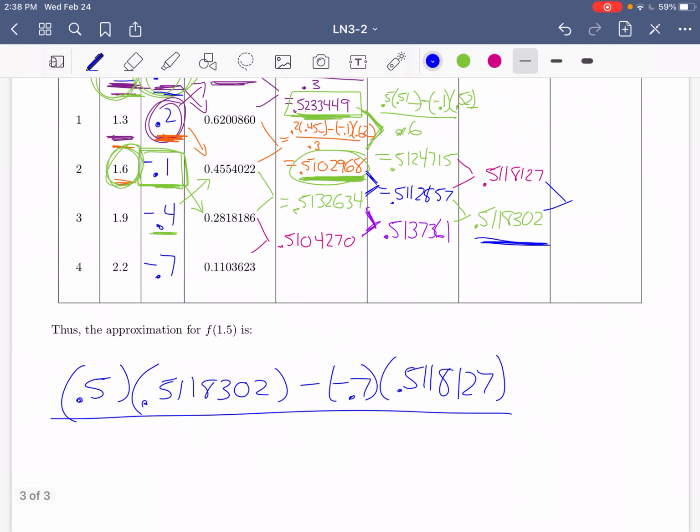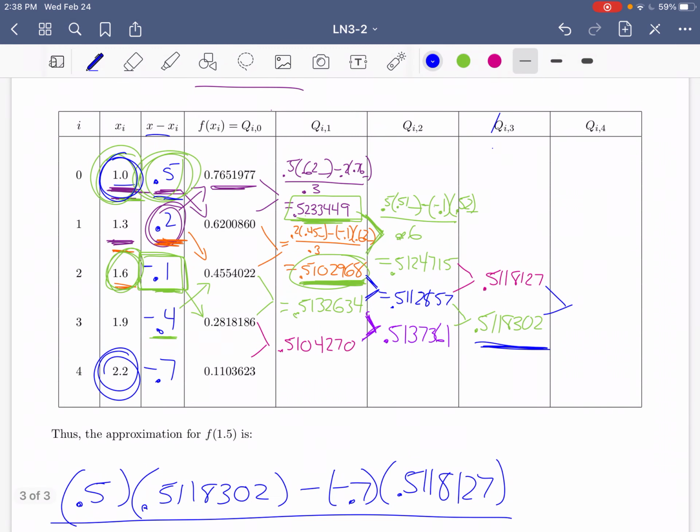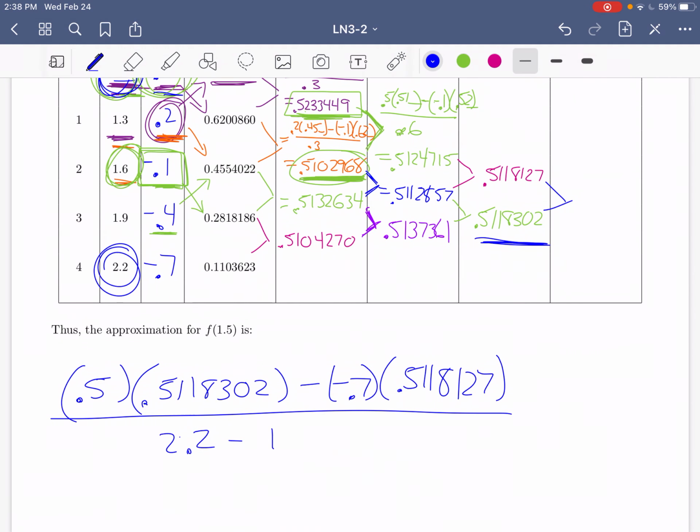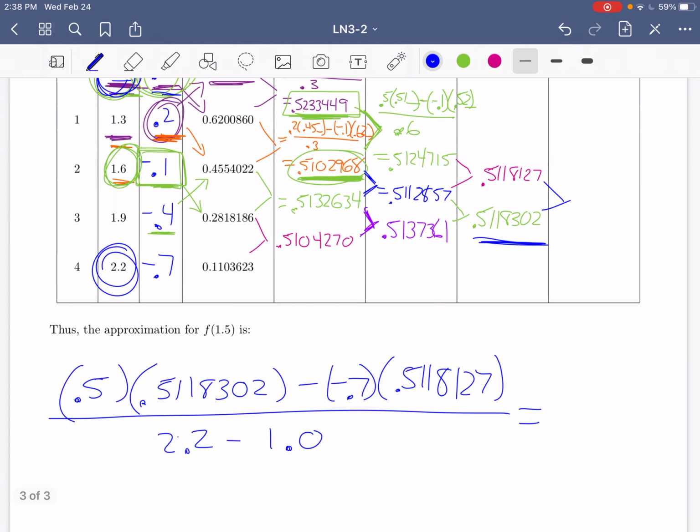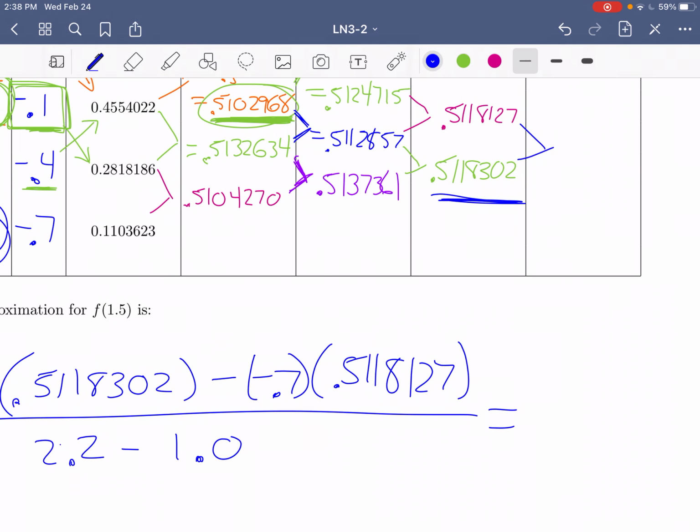And we are going to divide that by the difference between the two nodes that were excluded. So the two nodes on either end. So 2.2 minus 1.0. And when we do that, we get a value that's like 0.5118200. That's the value right here.